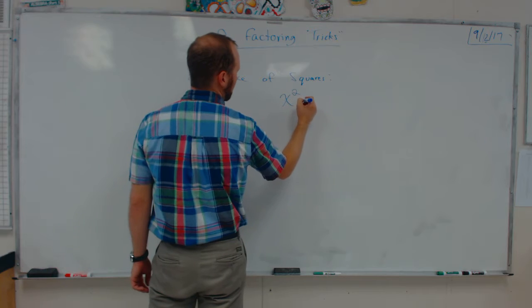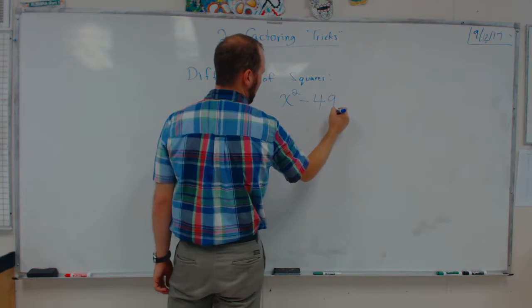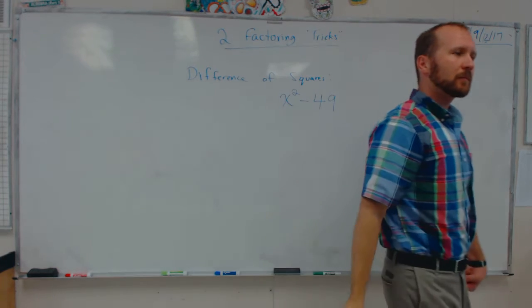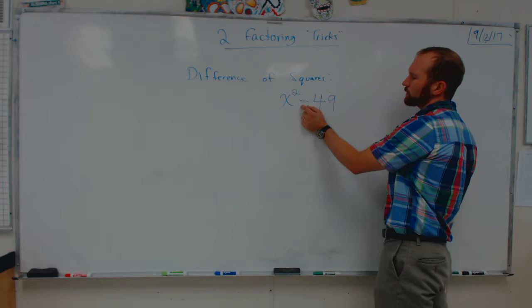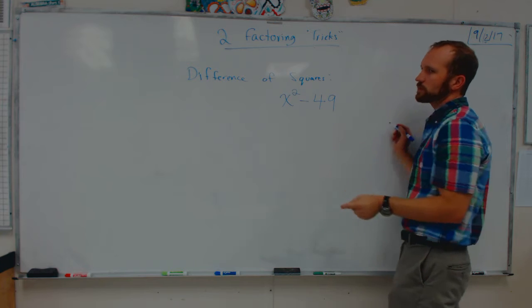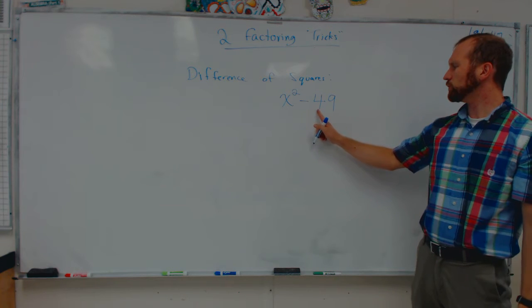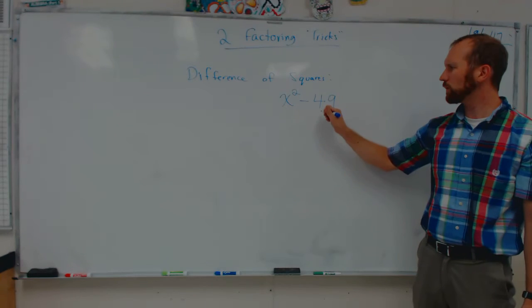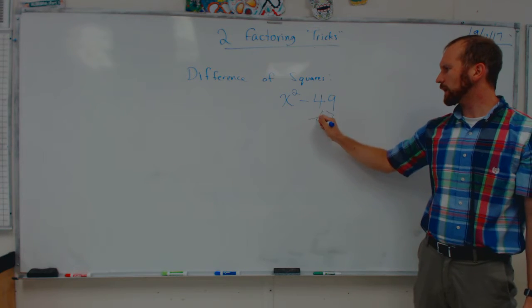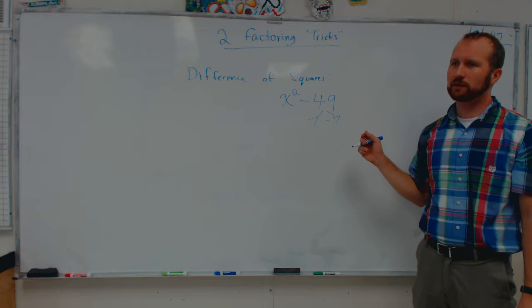X squared minus a perfect square. And as you guys noticed, what happens here is that the x term has a coefficient of 0. So we're trying to find two factors of negative 49 that add up to 0. And that just happens to be 7 and negative 7.